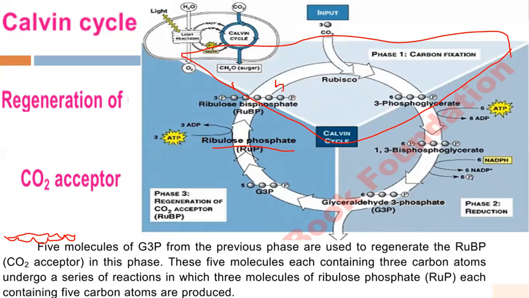So that is called 1,5 ribulose bisphosphate, and then 3 ADP are removed in that reaction. Here water is also added. So this is regeneration of the carbon dioxide acceptor with the help of the Rubisco enzyme.